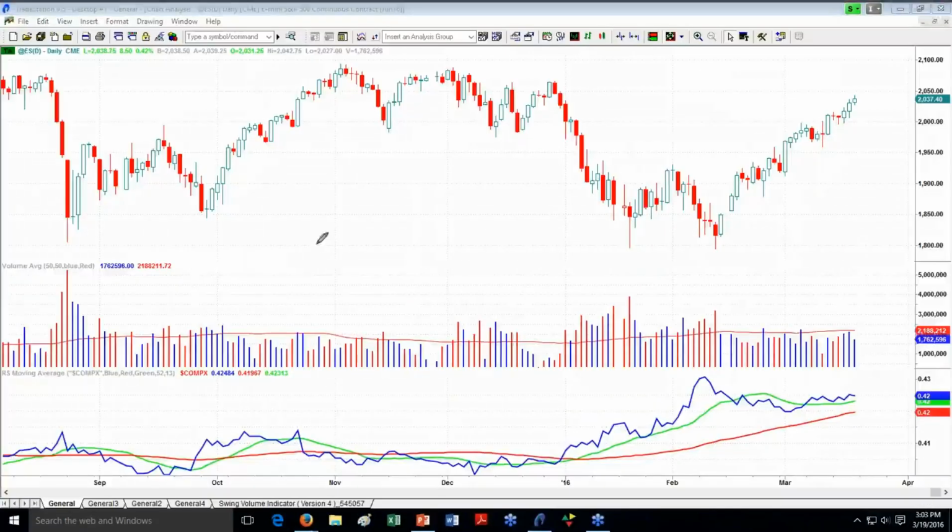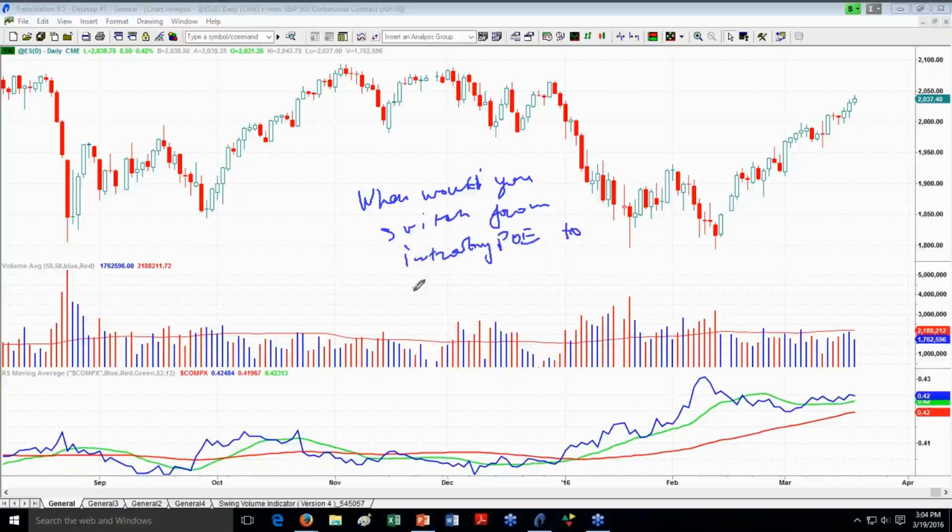Okay, so let me ask you these questions, guys. When would you switch? Show me on this chart, where would you switch from an intraday entry to a swing trade?